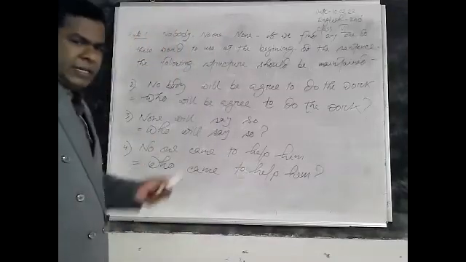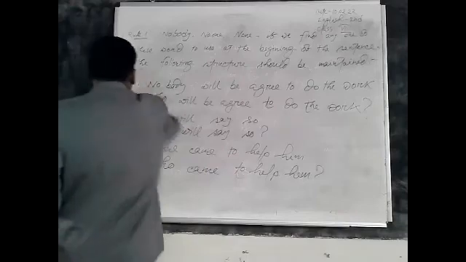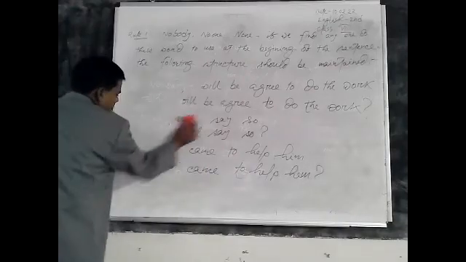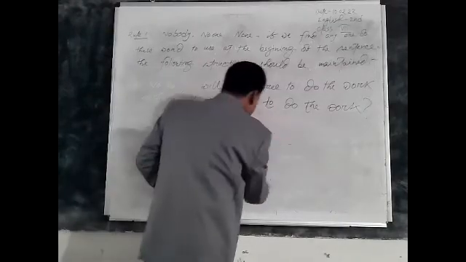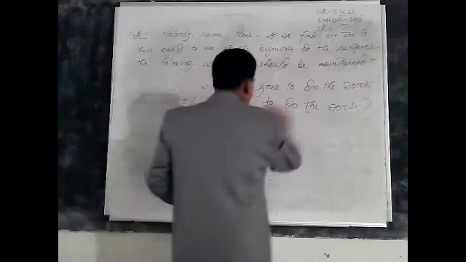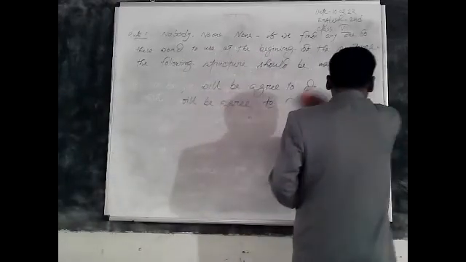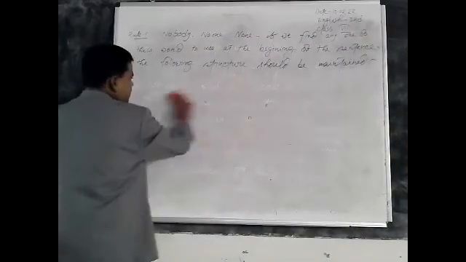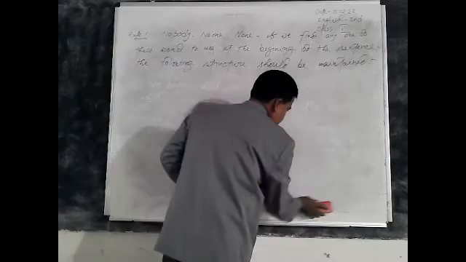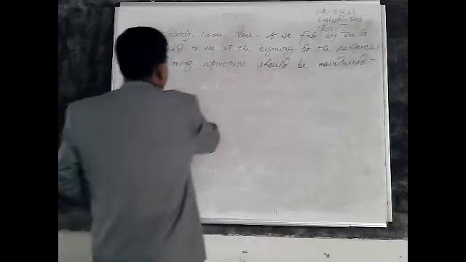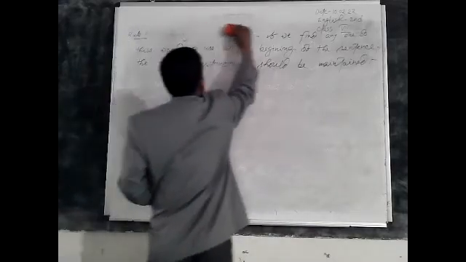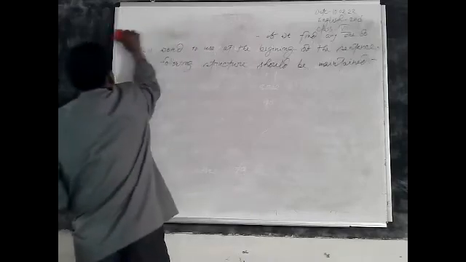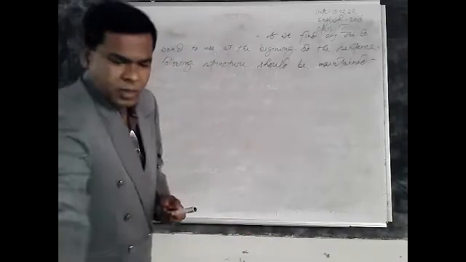Now I am erasing the board so that we can go to the next step, that means the next rule. Rule number 1 has been finished, and now we are going to rule number 2 of the interrogative sentence.